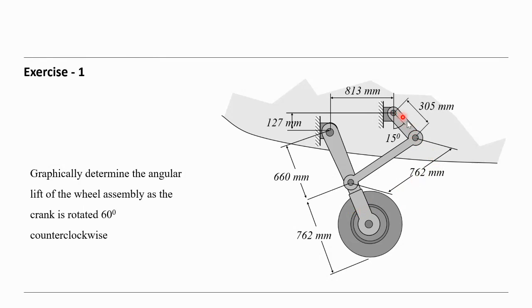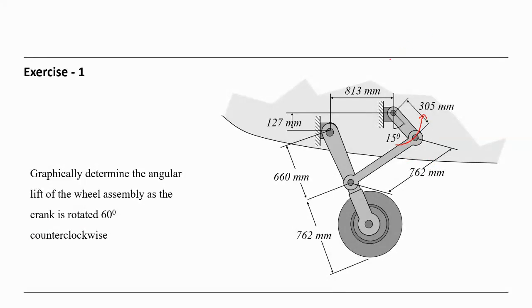So this is, let's say, the crank. Crank should rotate 60 degrees counterclockwise. So let's say counterclockwise means in that direction. It is moving in that direction.